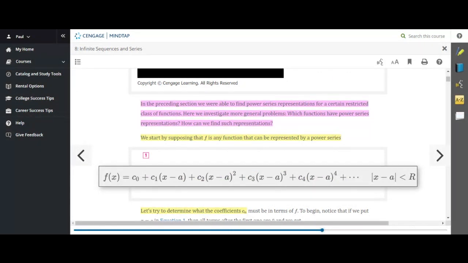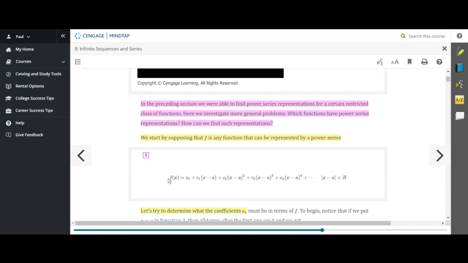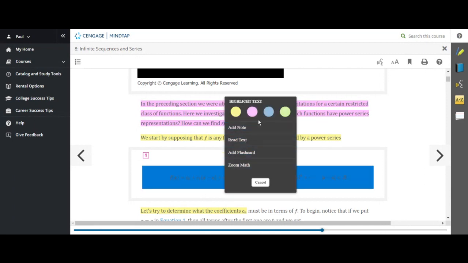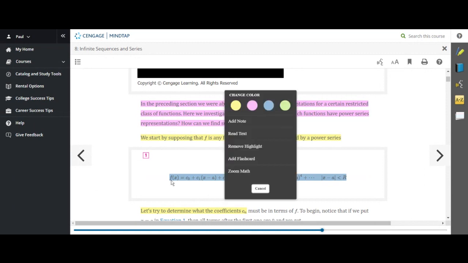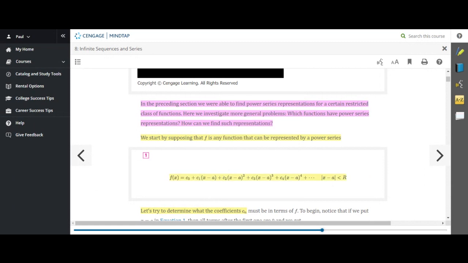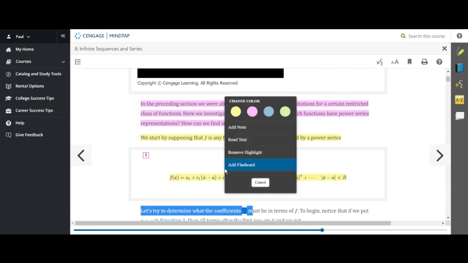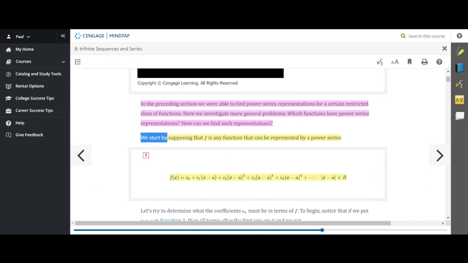So for any power series written in this form, that was our idea in section 8.7. We said, hey, let's suppose we can write our function as a power series of this form. Hold on one moment, let me take a little of the highlight off.